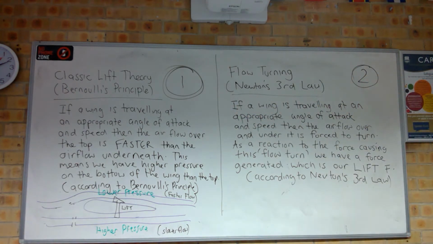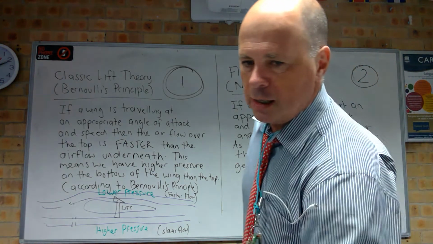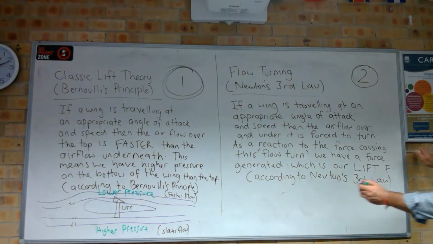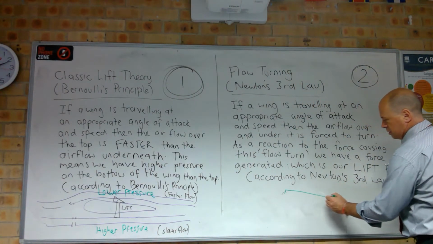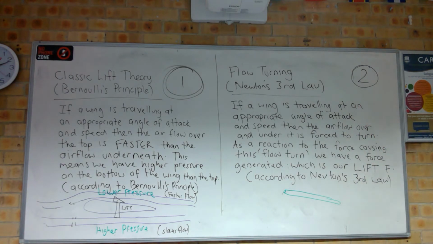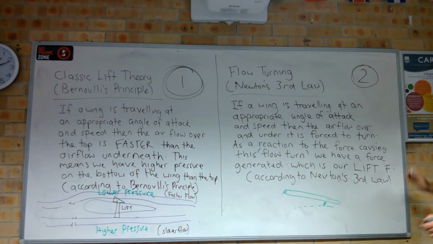Okay, diagram for that. I find that for this particular diagram, you're better off using your more standard shape. It doesn't need to be so cambered. Okay, it's at an angle of attack. You can see there's a little angle there of attack.